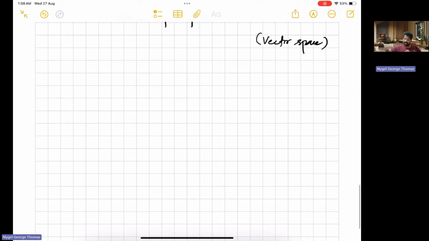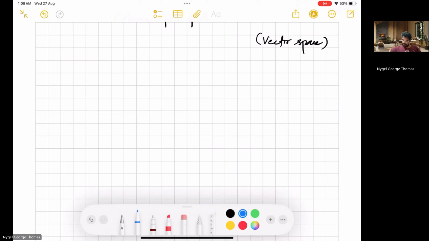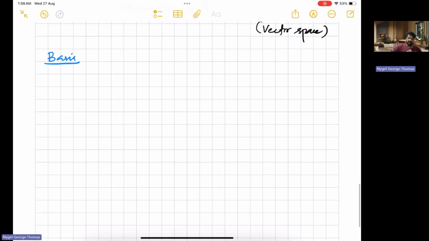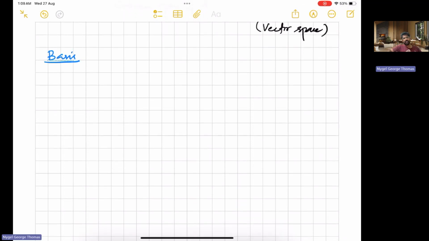Now let's move to the next topic, which is basis. So we've seen span, the span of a set of vectors. And we've seen that these vectors are known as a spanning set of a vector space because they indeed form a vector space.